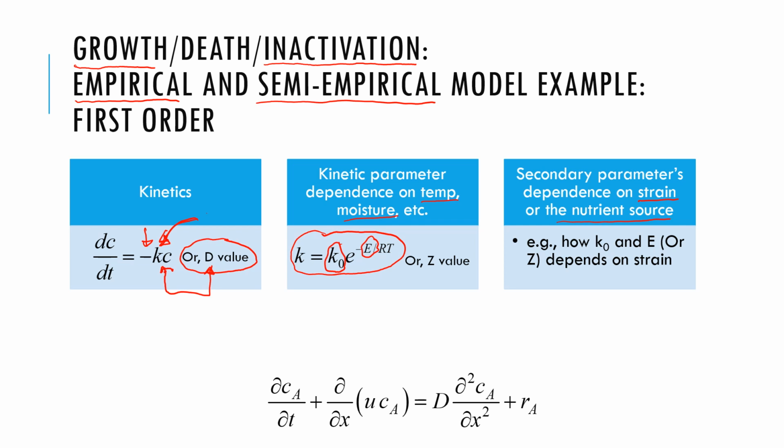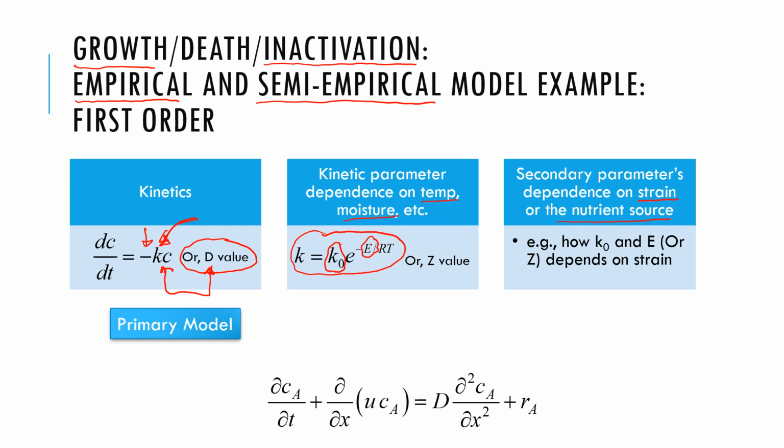Now, these areas, as I mentioned, are very, very well developed in quantitative microbiology. So there are special terms to describe these types of information. The first one is called a primary model.